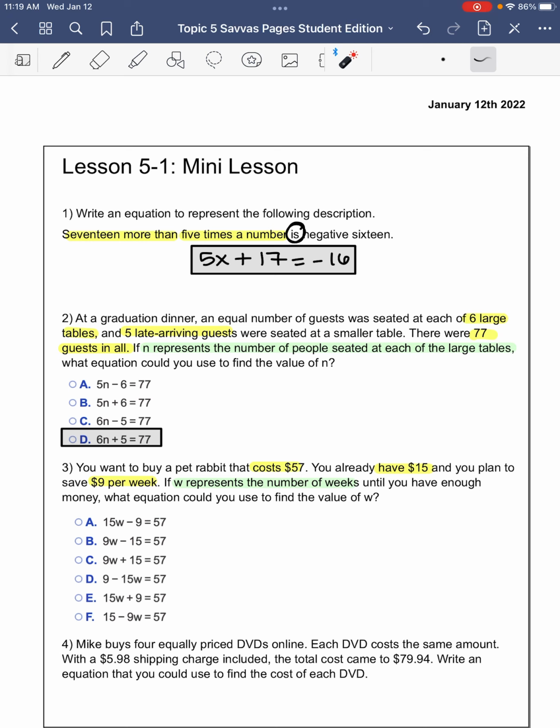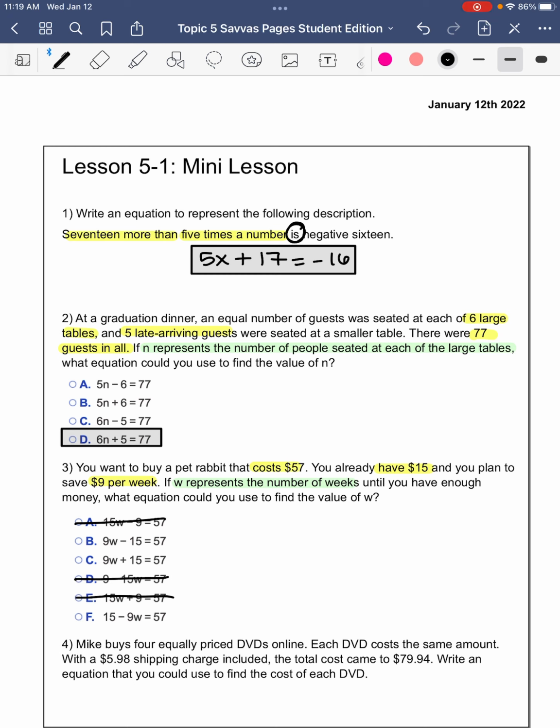So A doesn't have 9W, B does, C does, D does not, E does not. So I'm eliminating A, D, and E. Okay, and I'm going to mark them out with my pen so I can see that A, D, and E did not have a 9W. So I knew that that could not be my answer.